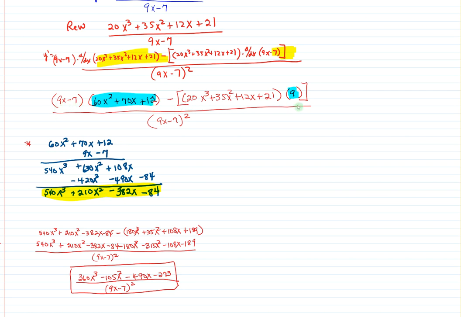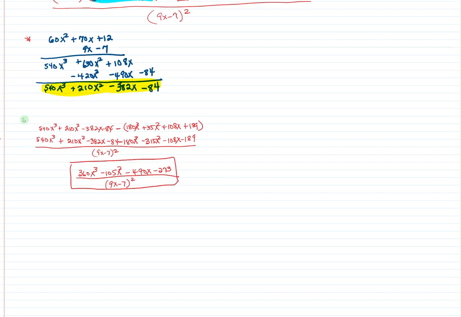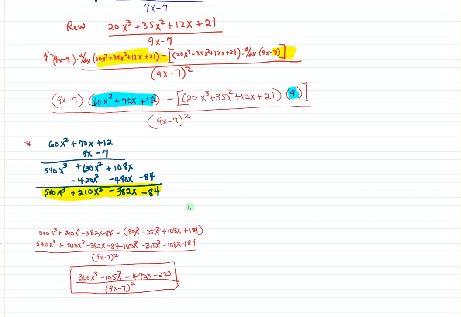And then I did just multiply 9 times all of this. So down here, 540x cubed, got that business there, minus, that's where I multiplied it by 9. Then you distribute that minus sign to everything, collect all your like terms, and this is the answer for number 8. So it's a little bit more work, but I think you can handle that.